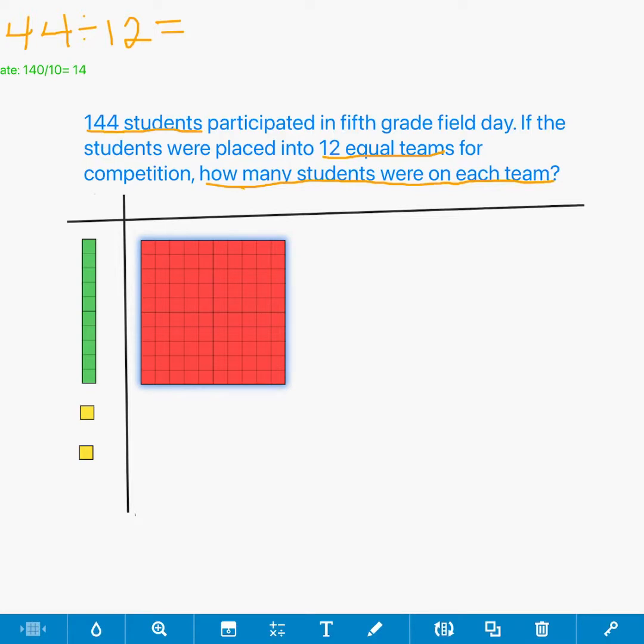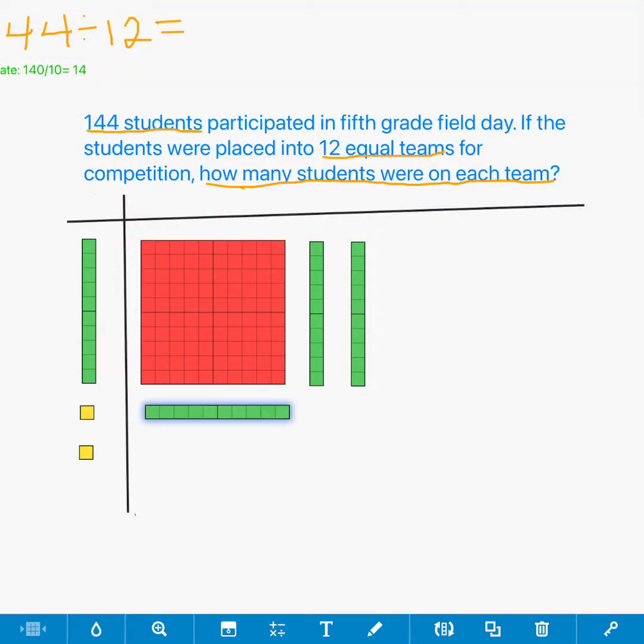So 100, 110, 120, 130, 140, 141, 142, 143, 144.